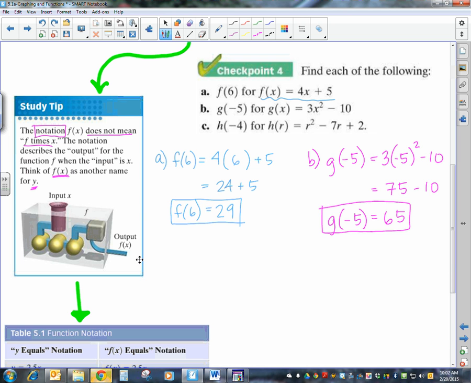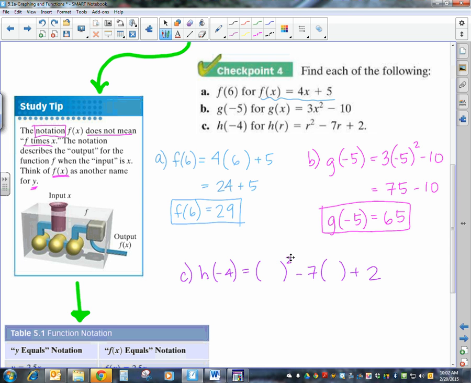Okay, and the last one, C, says h of negative 4, all right, and wherever I have that variable, I'm going to put parentheses, plus 2.